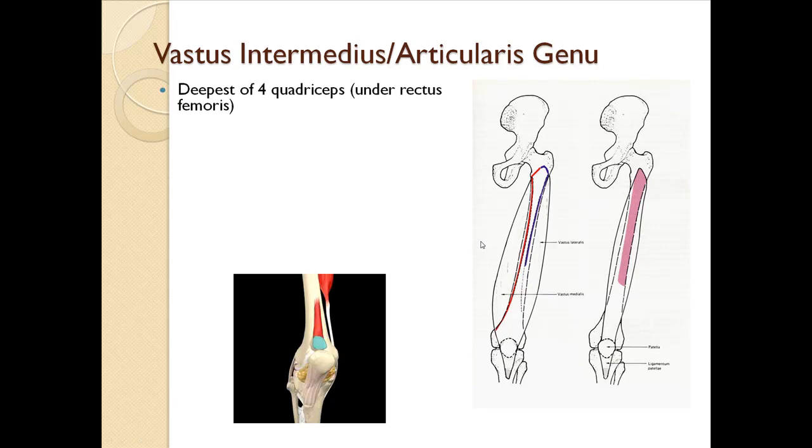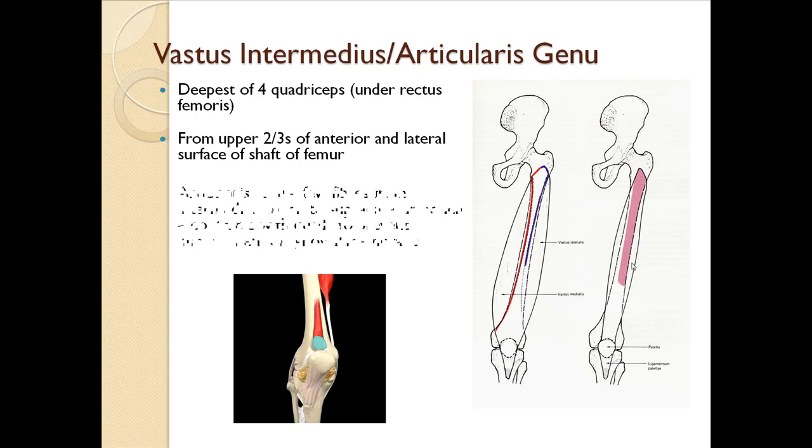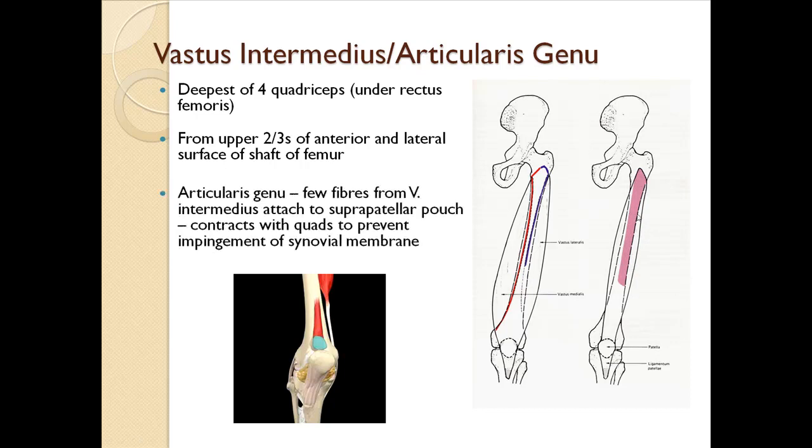Between vastus lateralis and vastus medialis, we have vastus intermedius. It's the deepest of the four quadriceps, and this arises this time from this pink area on this diagram. So it arises from the anterior and lateral aspect of the upper 2/3 of the shaft of the femur. Its fibres run straight down before inserting onto the base of the patella.